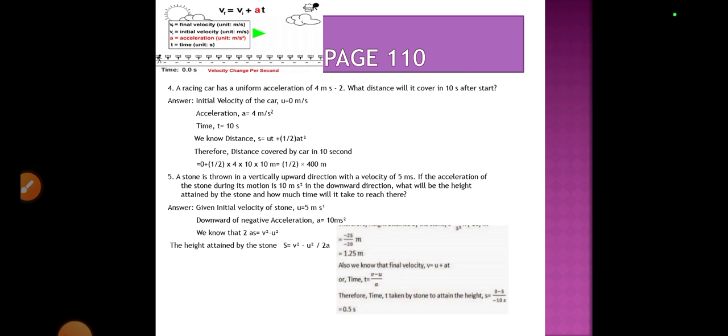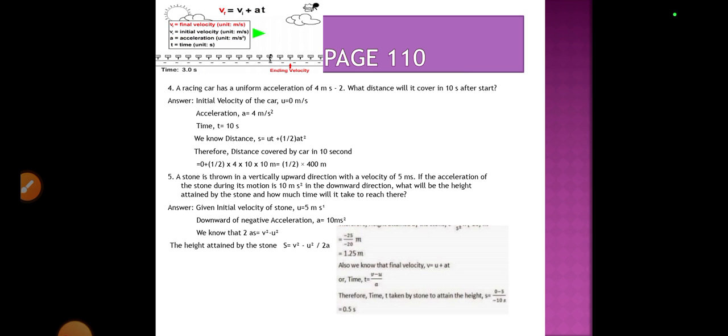Given initial velocity of the stone, u is equal to 5 meter per second because it's the starting. Now downward is a negative acceleration, because it comes downside, so that is also in minus, so that is minus 10 meter per second square.